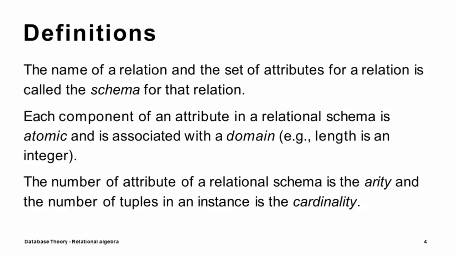It's your value domain. Where do you take your values from? And it also has a type. And the number of attributes in such a schema is the arity, and the number of tuples is the cardinality. Not that you talk that much about arity, but it is good to know, right?